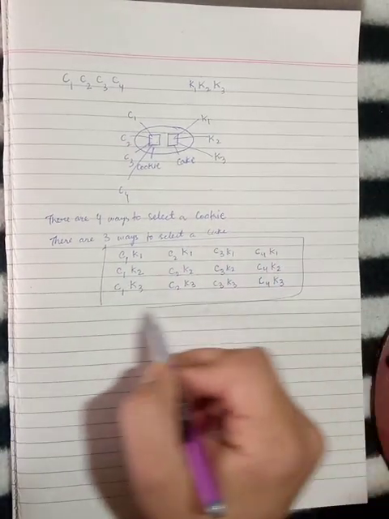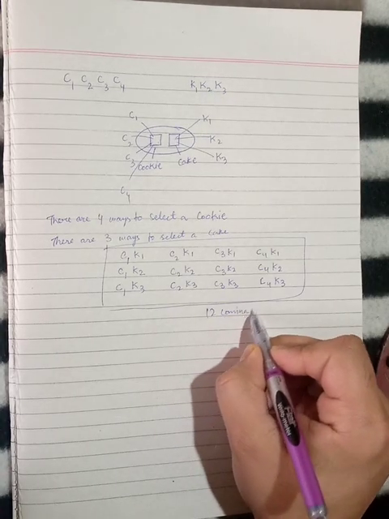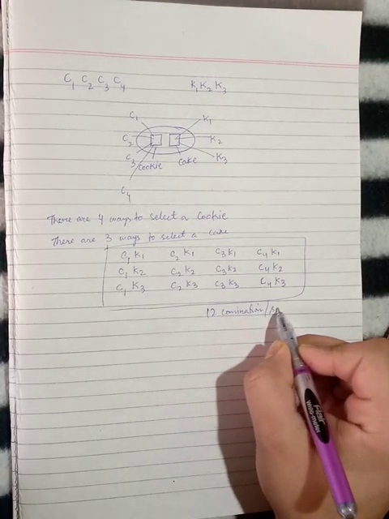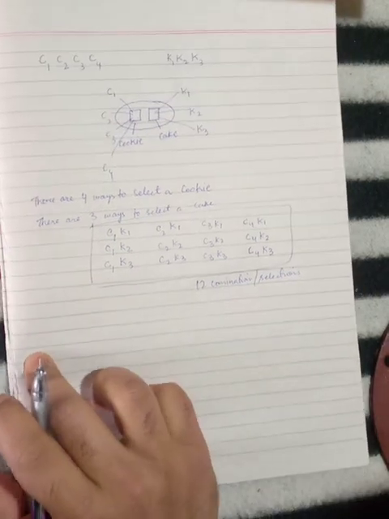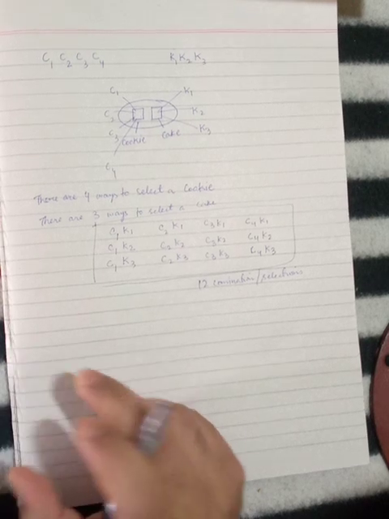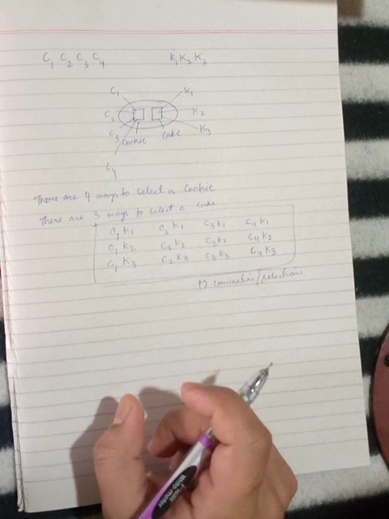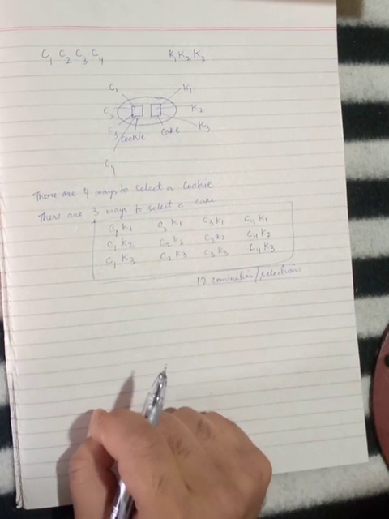So I can get these 12 combinations, or 12 selections I should say. So there are 12 ways in which I can select one cookie and one cake at a time.